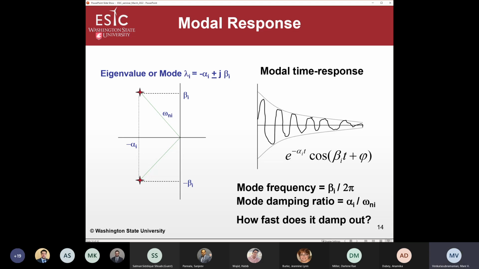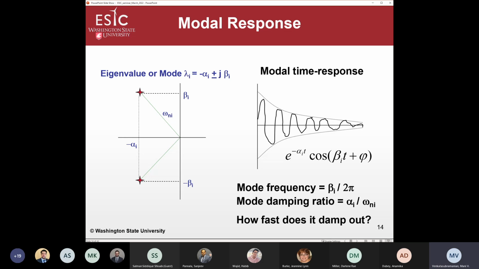So the damping, which defines whether it is well damped or poorly damped, is defined by the ratio between the real part and the magnitude of the eigenvalue. Roughly, we can calculate this by alpha divided by beta. Usually, we represent the damping ratio as a percentage. The question that we wanted to know: how quickly does the response damp out? Does it take 10 seconds or does it take 50 seconds or does it take minutes?